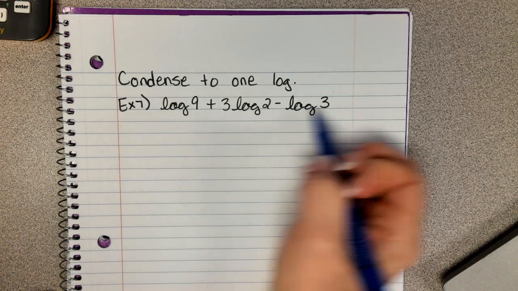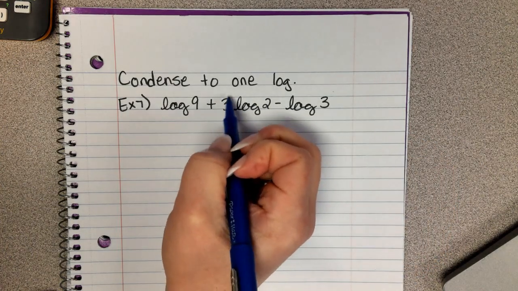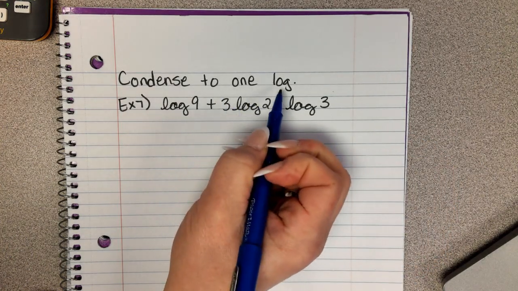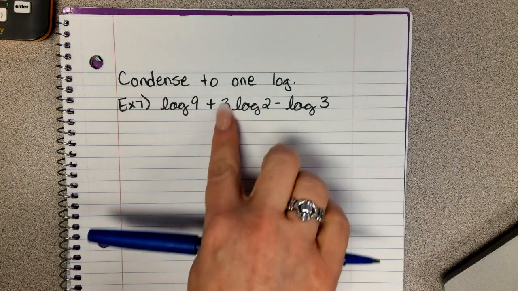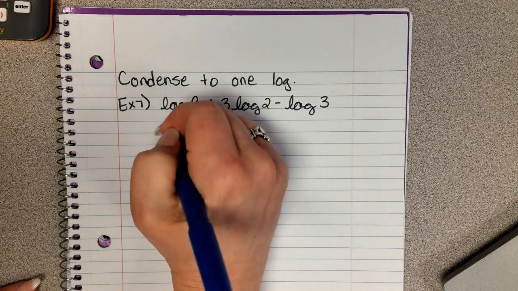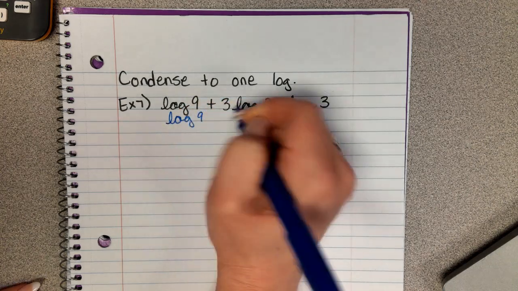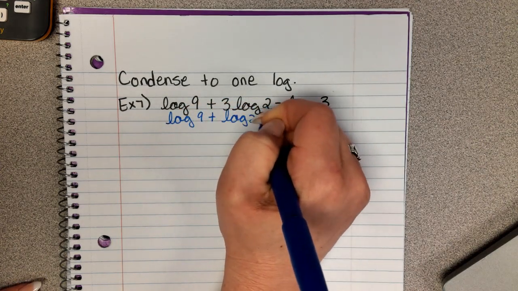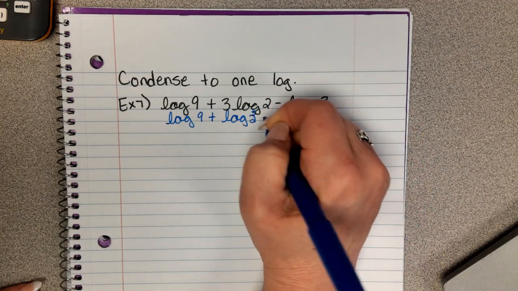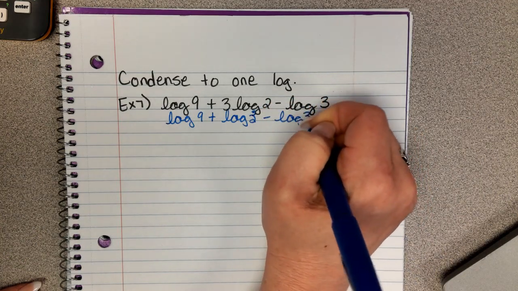I see I have this right here, so I'm going to go ahead and move that up. That way all of my stuff looks like it's just log, log, log. There's no coefficient in the front. So that would be the same thing as log of 9 plus log of 2 to the third power. That's a 3. Minus log of 3.